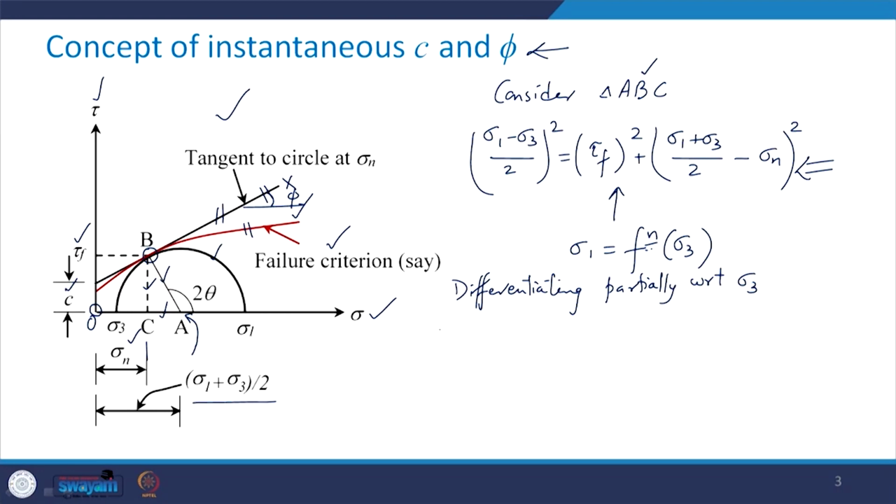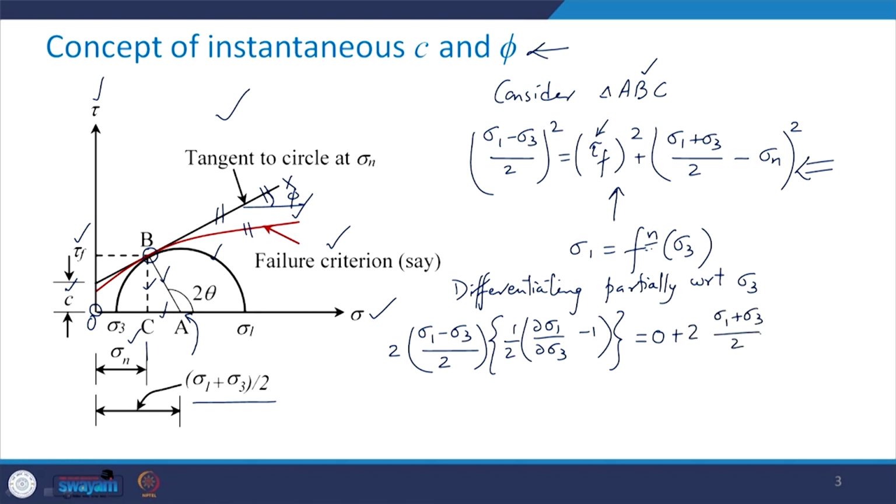What we are going to get is 2 times sigma 1 minus sigma 3 upon 2, multiplied by half del sigma 1 del sigma 3 minus 1, because this is tau f square, so no sigma 3 term is there, so this is equal to 0, plus 2 times sigma 1 plus sigma 3 upon 2 minus sigma n, multiplied by half del sigma 1 del sigma 3 plus 1, minus 0.